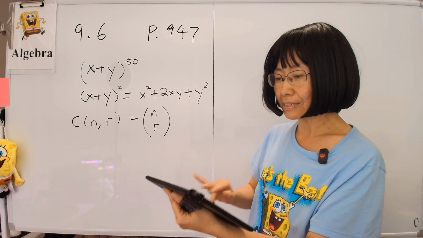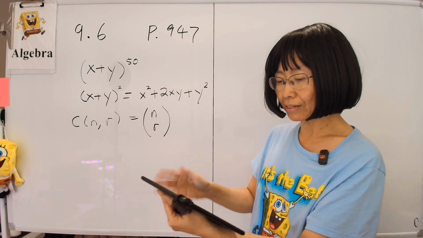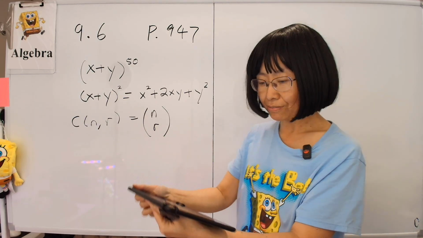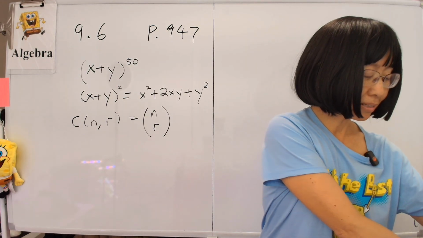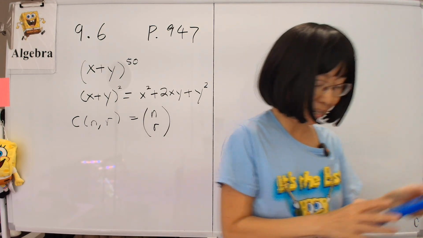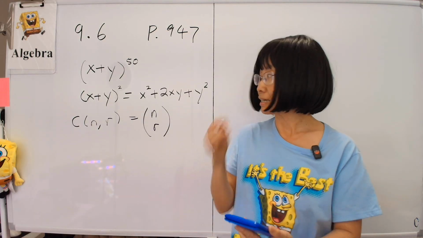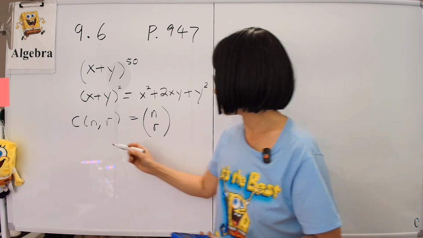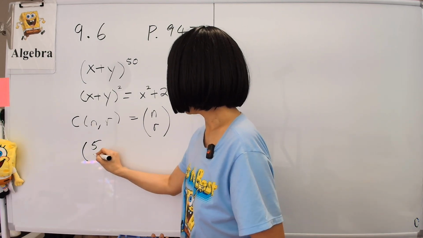So let's look at example 1 on page 947, where we do a few calculations of nCr. We'll pull out the calculator. The first one is 5 choose 3, that's how you say it. n is 5 and r is 3.